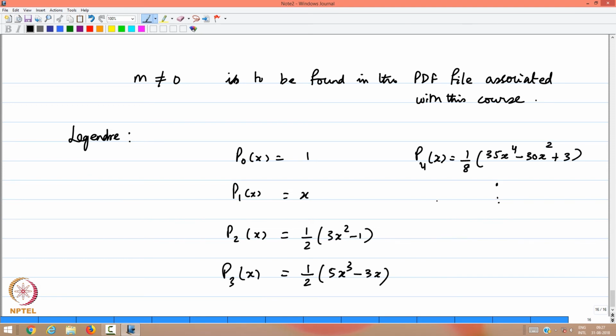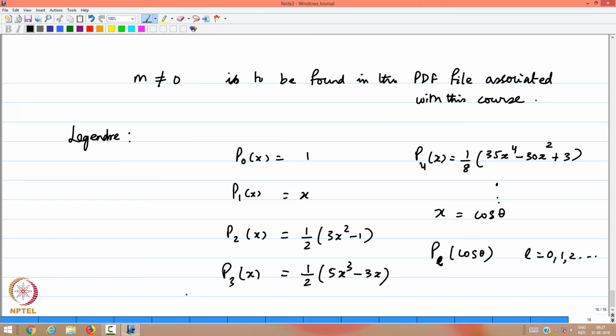Okay. Now, recall x is equal to cos theta. Therefore, all of these things P L indexed this way, namely the variable is cos theta, are the Legendre polynomials, with L index, L equal to 0, 1, 2, 3, etc.